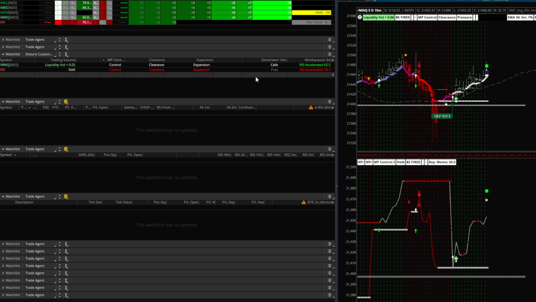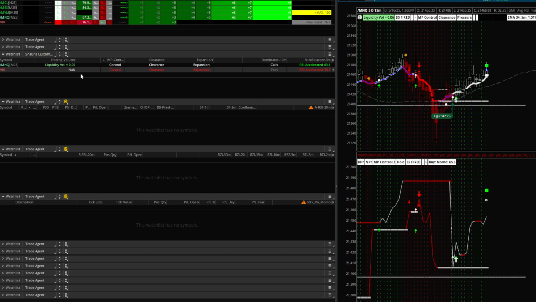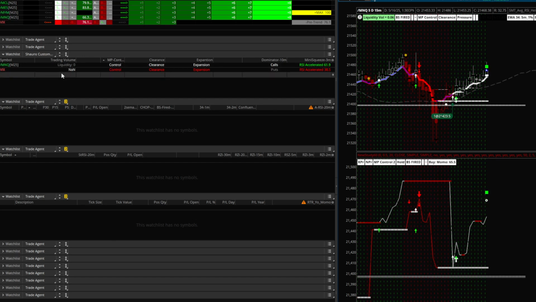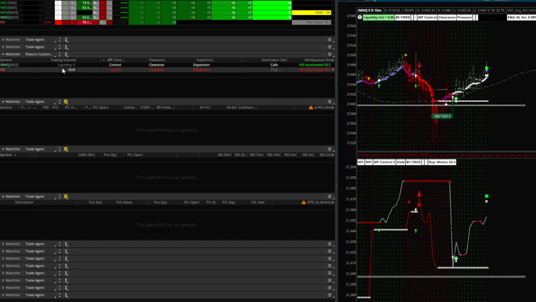Well, I figured out a way to do it, so it can be done. I call it liquidity volume right here, and I can look at the liquidity volume for anything. So my definition of low float is not just stocks that are less than 20 million or less than 10 million. I have a completely different definition of a low float.